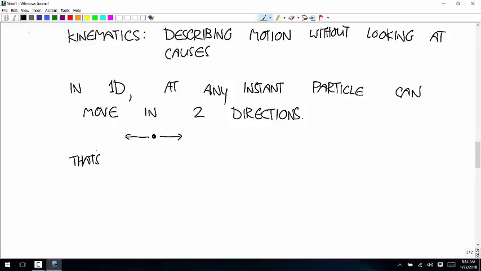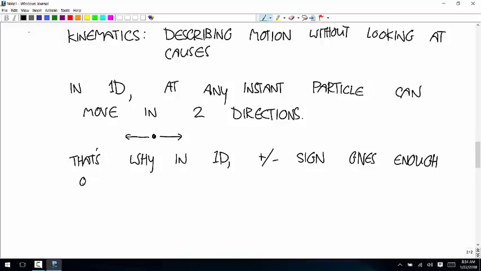And that's why in 1D, the plus minus sign gives enough options to represent the direction. It's either going in the positive or negative direction.